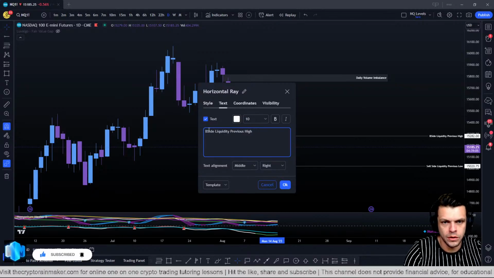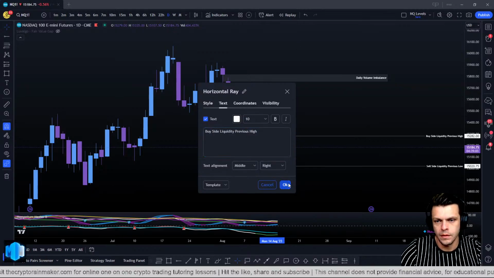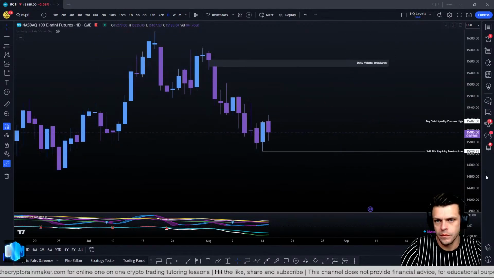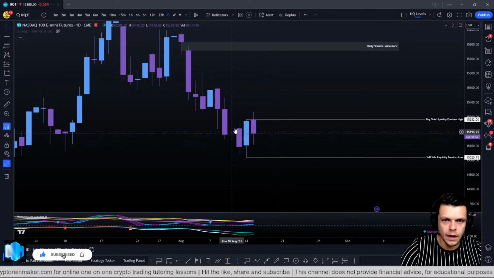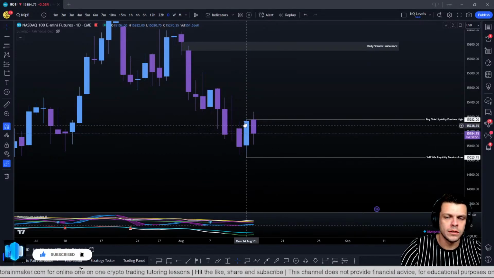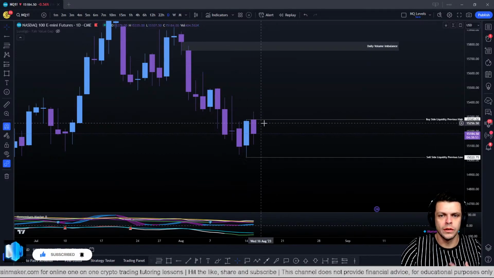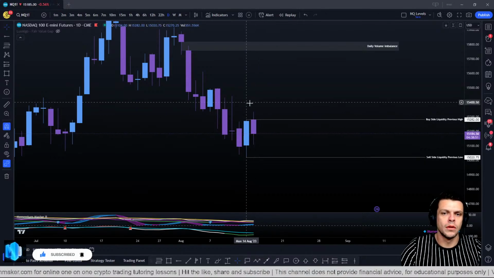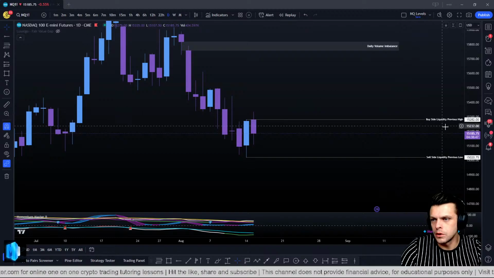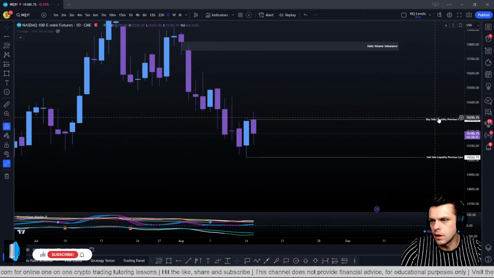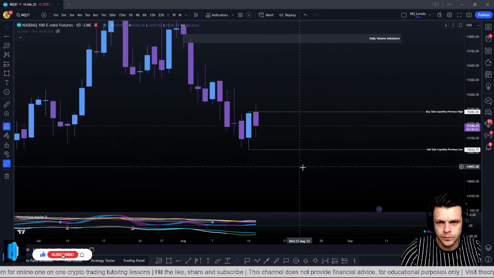This is our buy side liquidity. So people that went short yesterday and today, the guys that had open positions during the night, are possibly knocked out right now with this little move to the upside above the buy side liquidity and the previous day high from yesterday.